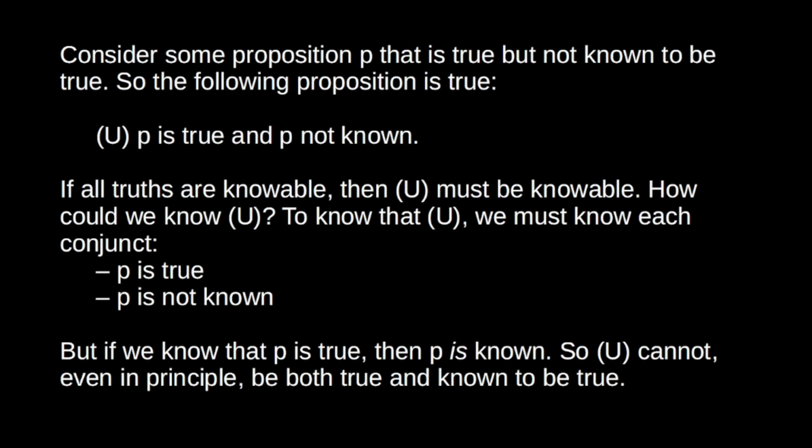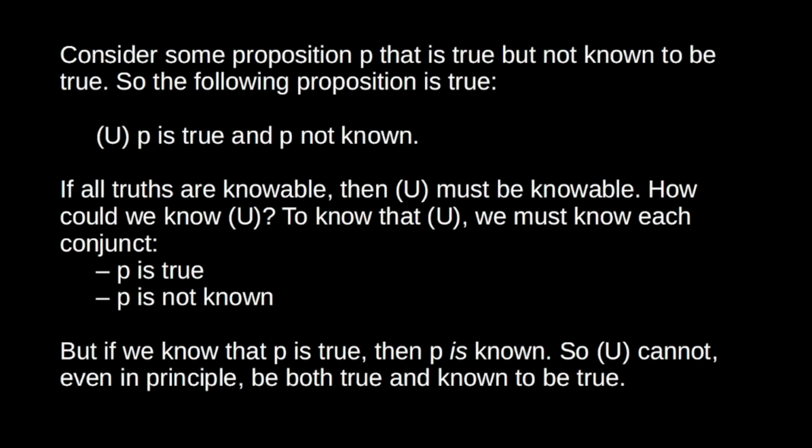Then we have the following proposition about P, which is true. Proposition U says P is true and P is not known. Now, if all truths are in principle knowable, then it must be possible to know this sentence. It must be possible to know U: P is true and P is not known.